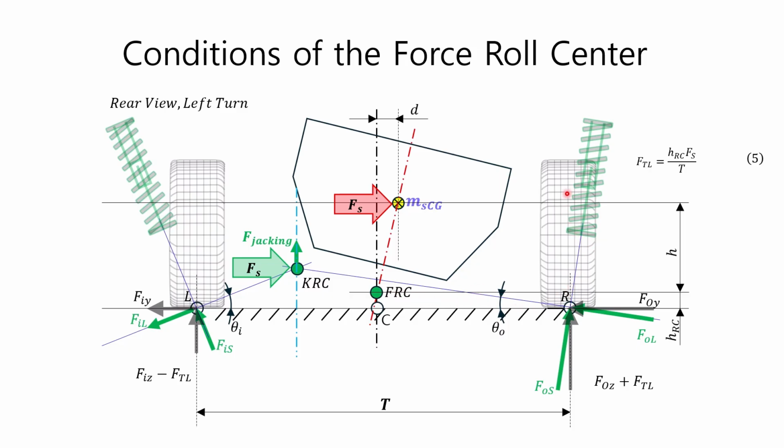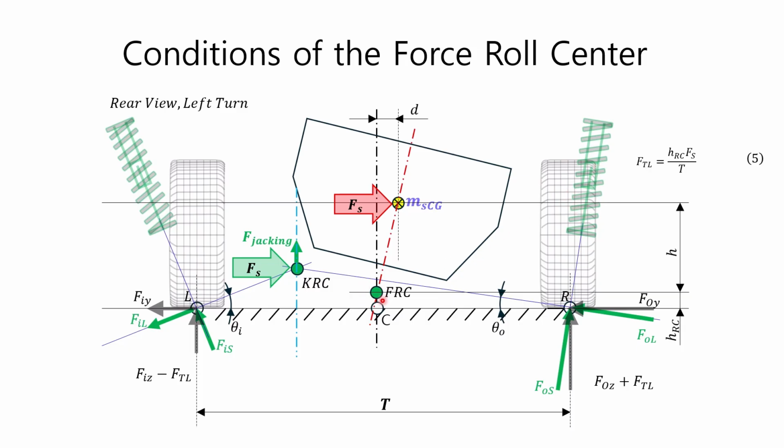We use the roll center to evaluate the lateral load transfer caused by the sprung mass during cornering. To do this, we need to distinguish between the forces transferred to the sprung mass through the link and the forces transferred to the sprung mass through the spring, and the roll center is the reference point for distinguishing between these forces.